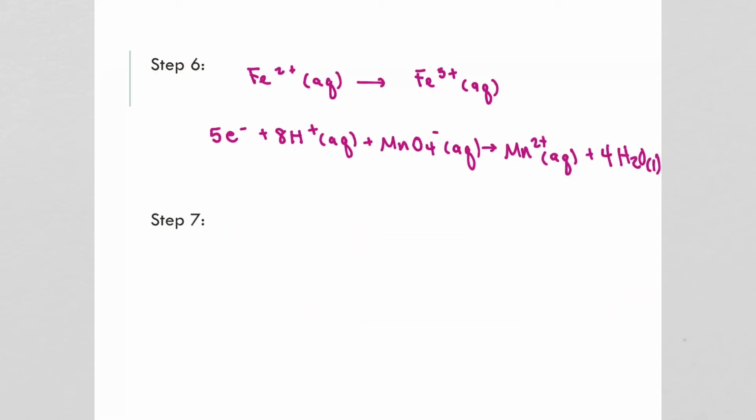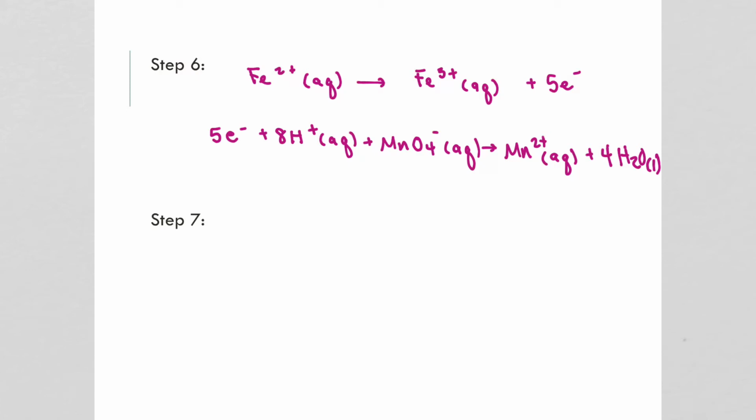So our next step is to balance the 2 half equations for electrons. So we have 5 electrons on the manganese reaction side, so we need to put 5 electrons over here. But because we do that, we need to account for the electrons with the positive ions.